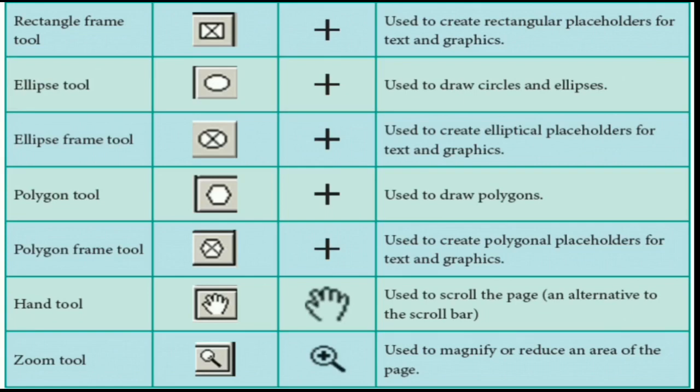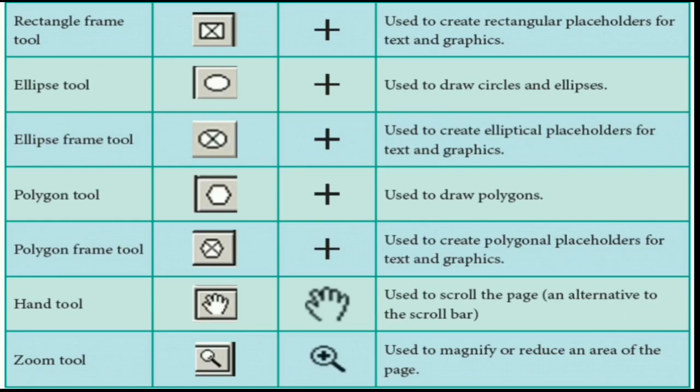Nextly, the zoom tool. The zoom tool is used for printing purposes. When a particular organization prints a text, they will print the company name in small letters, which is not visible in the normal view.